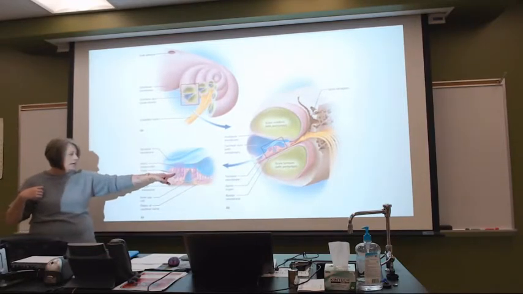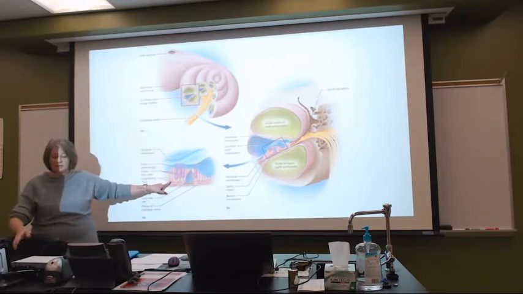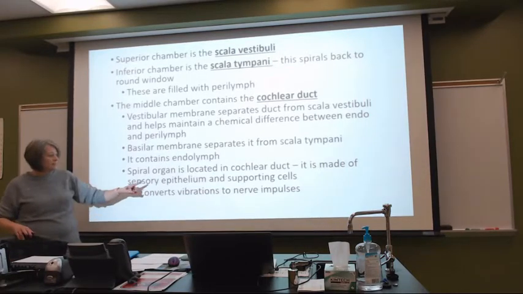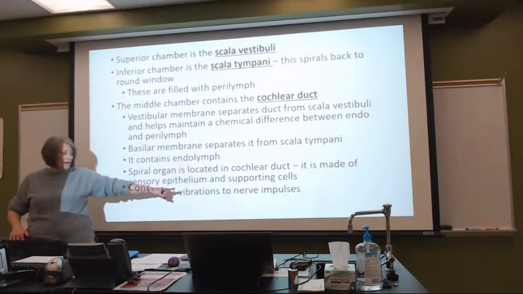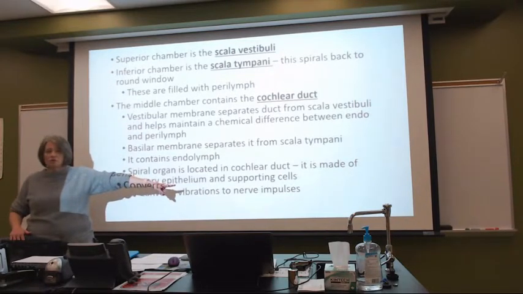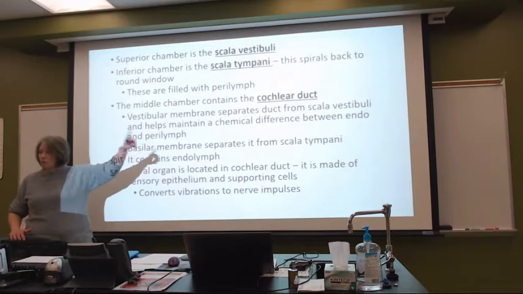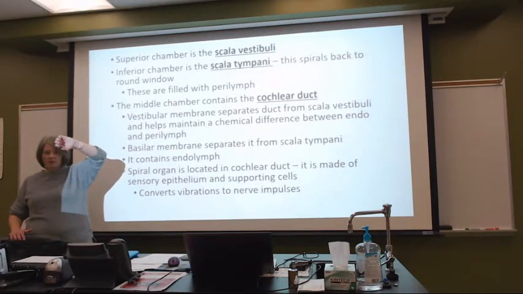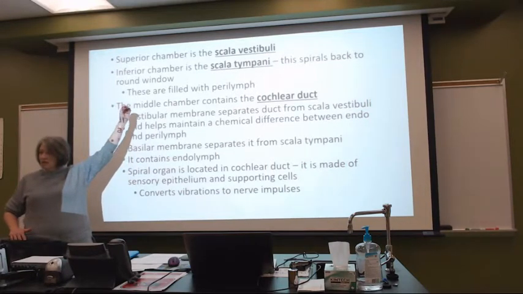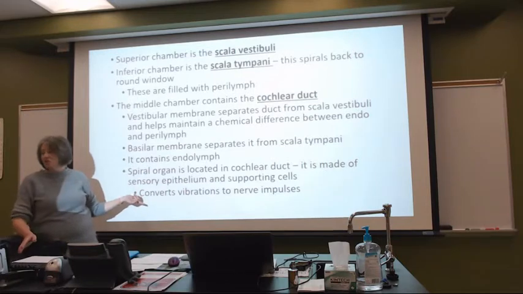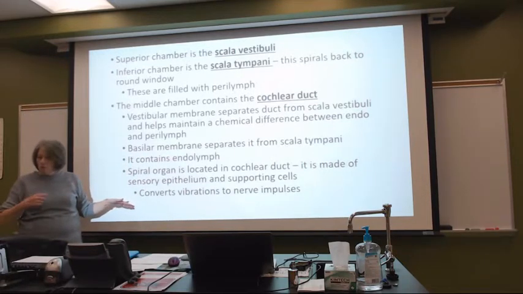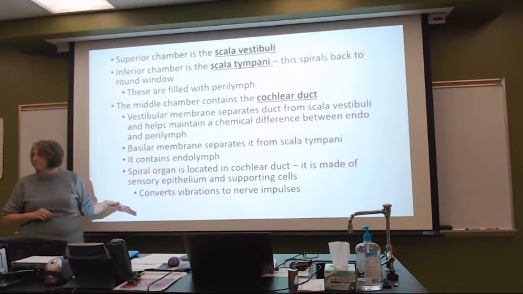Okay, so those are our hair cells with the supporting cells, and the goal: take the vibration of that fluid and turn it into a nerve impulse, which it does, because when it moves and those cilia move, we exchange ions and we get the action potential on the nerve fiber.